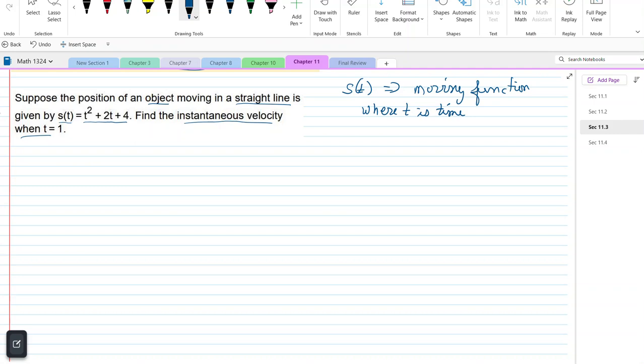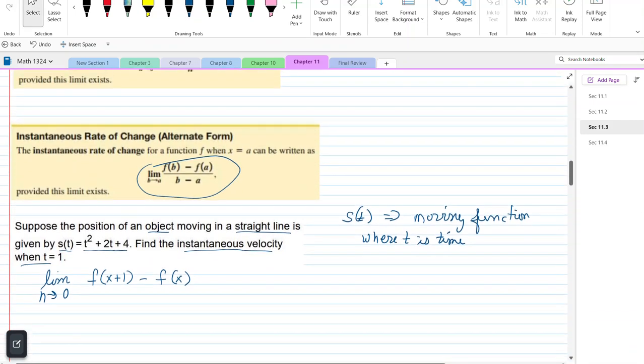So we're going to have to take the limit as h approaches 0 for f of, in this case, x plus h minus f of x.